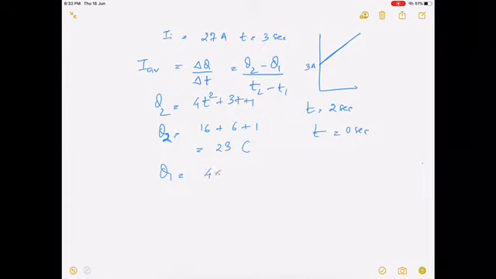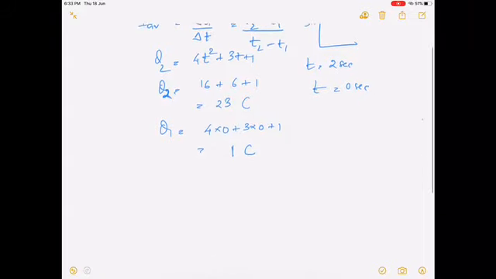Now we come to q1. What is the value of q1? 4 into 0 plus 3 into 0 plus 1, that is only 1 coulomb. We are determining the charges at 0 second and 2 seconds.